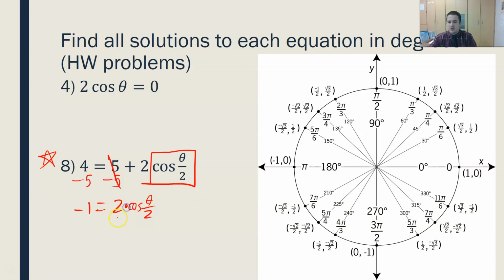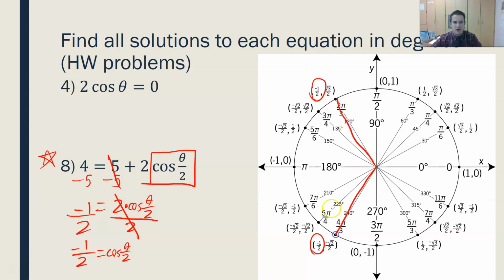I have 2 times the cosine, so I need to divide by 2 on both sides, which gives me negative 1/2 equals the cosine of theta over 2. The cosine's by itself. Let's look on my unit circle for where the cosine, or x-coordinate, is negative 1/2. Well, right there and right there.